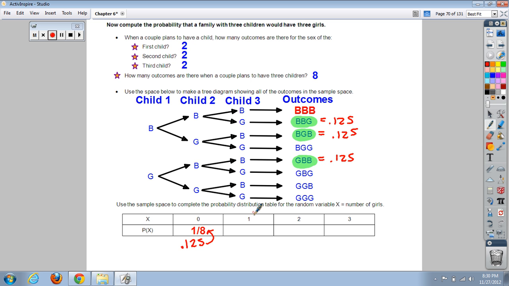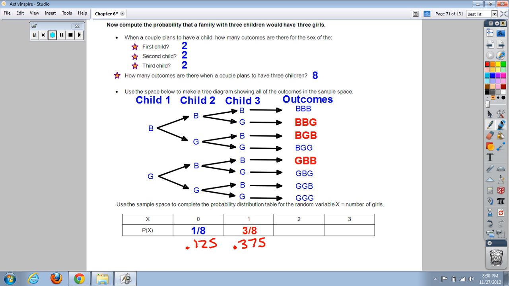So the probability of having one girl is really a culmination of all 3 of these possibilities here. Now, all of these possibilities are disjoint events, so you may add them together. So 0.125 times 3, essentially, gives us a 3 in 8 chance, which is 0.375.